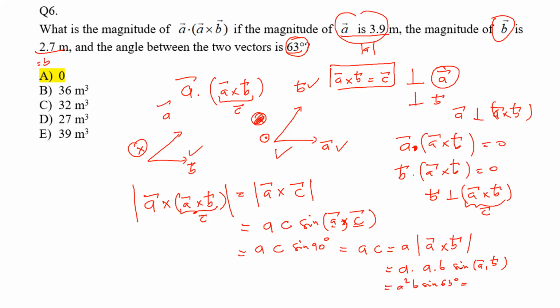So it will be 3.9 squared multiplied by B, which is 2.7, multiplied by sine 63. Okay, I believe I have 73. Good.